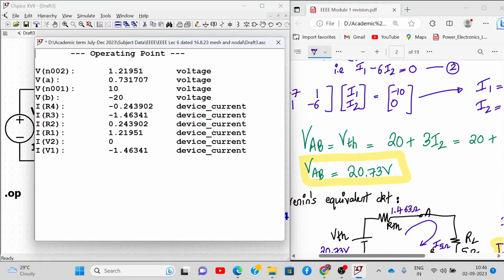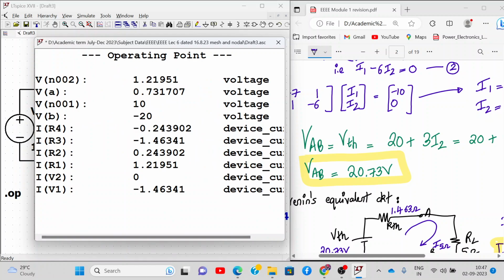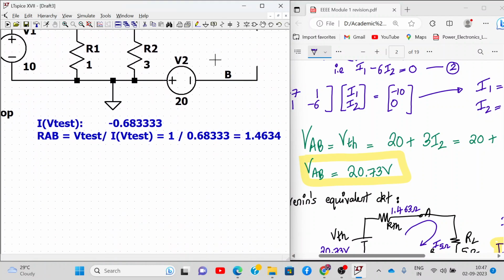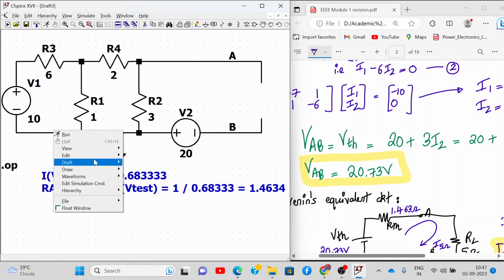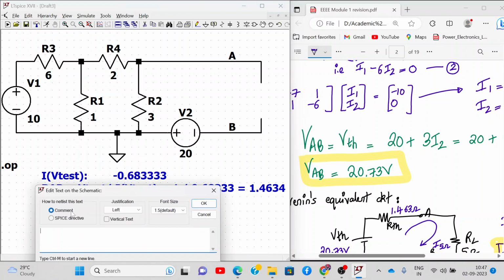What is VAB over here? VA minus VB is 20.73 and it's exactly matching. Alright? So according to what we did, VAB or VTH is coming out to be 20.73. It's coming exact.